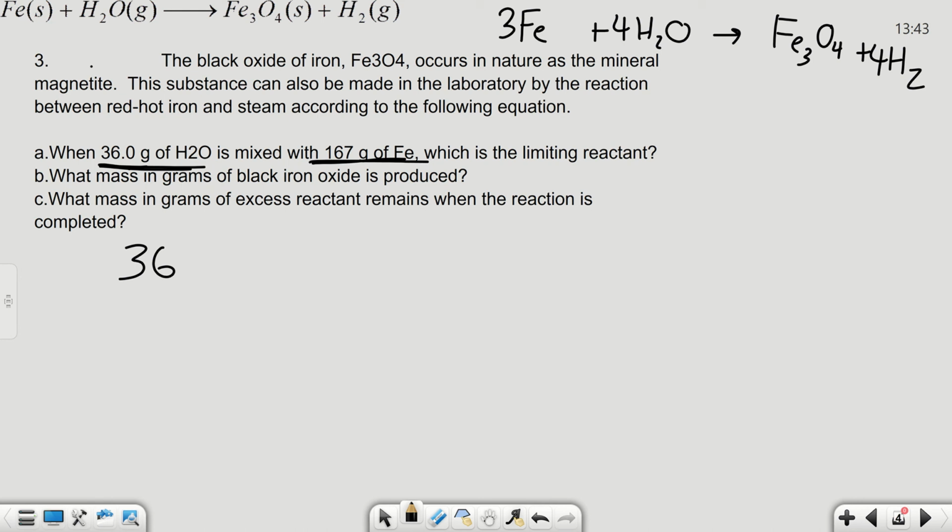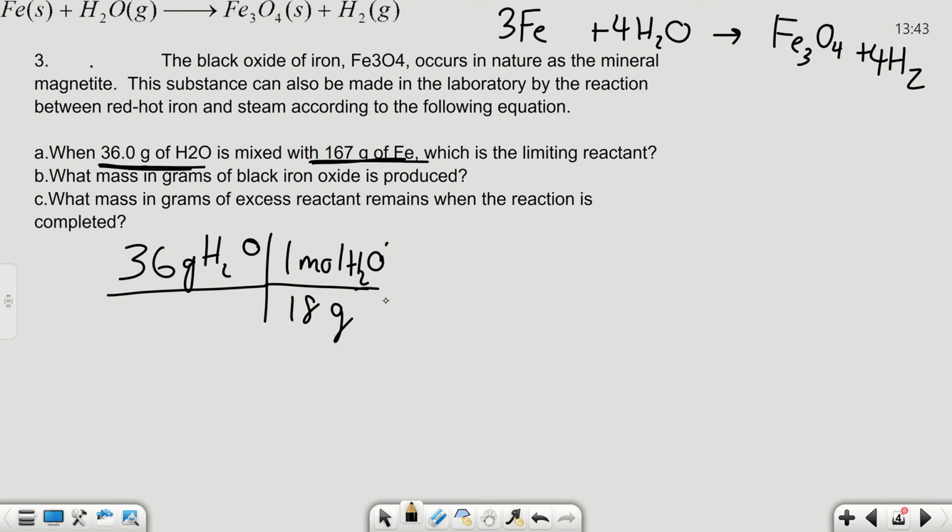So, if I do that, I have 36 grams of water, and that would be 1 mole of water per 18 grams. So this actually comes out to a nice 2.00 moles of water. Okay? 167 grams of iron. Nice thing is it's just the element by itself.